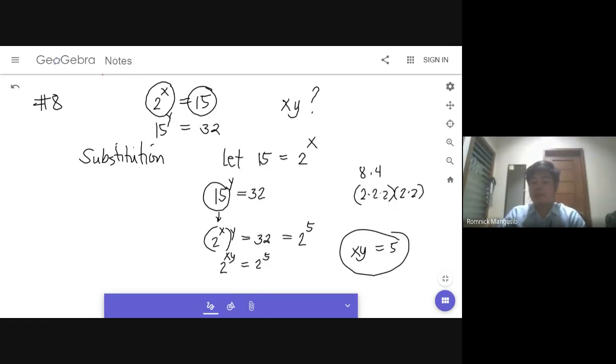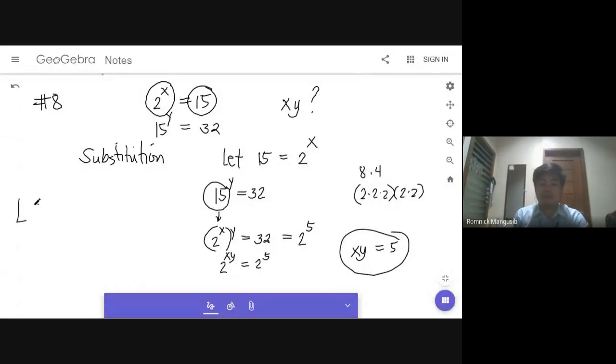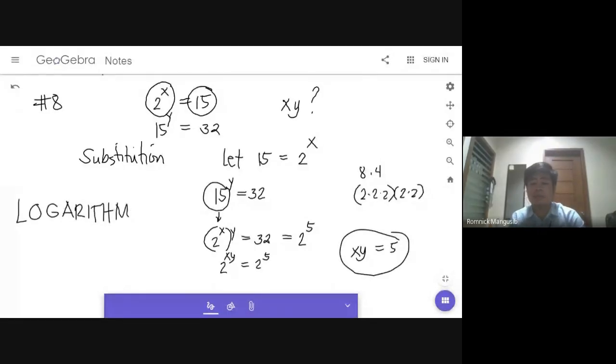It is, you're making use of the rule of logarithm. Yan na, dyan na papasok ang logarithm. And class, when you're using logarithm, so x mo ay 3, y is 2, did you get it?